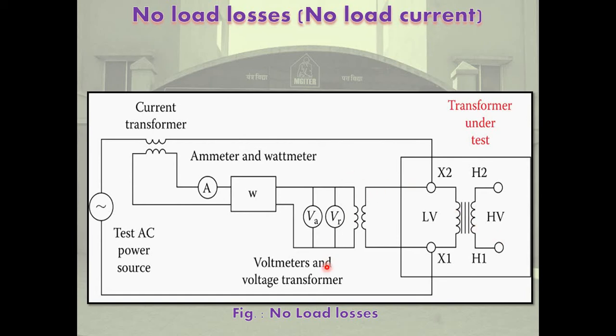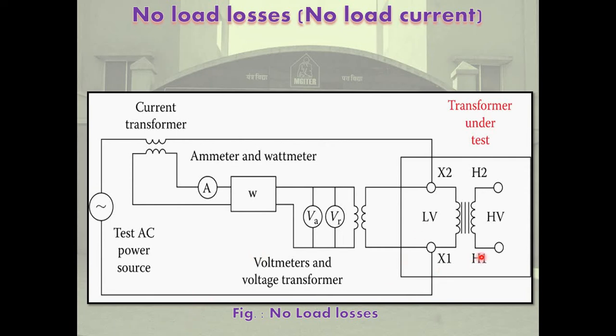However, the iron loss or you can say hysteresis losses or eddy current losses are present during the no load conditions. No load test is a routine test and should be performed on every transformer manufactured by a manufacturer before dispatch.